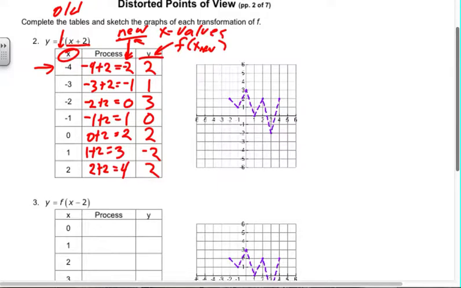Okay? So I'm going to have a -4, 2, which is right there. Then I've got a -3, 1. Let me connect them. And you see the purple here was our original. And then I've got a -2, 3.